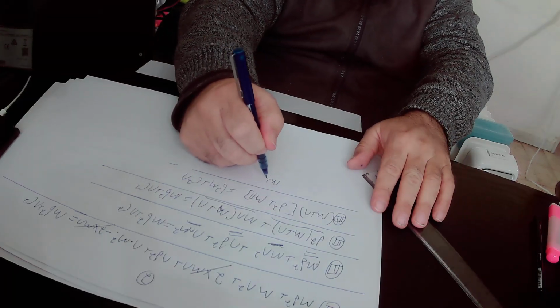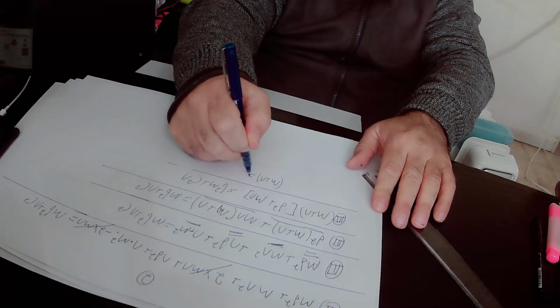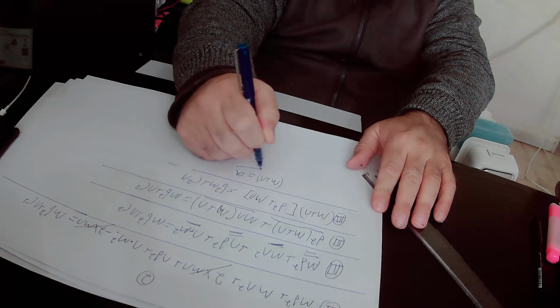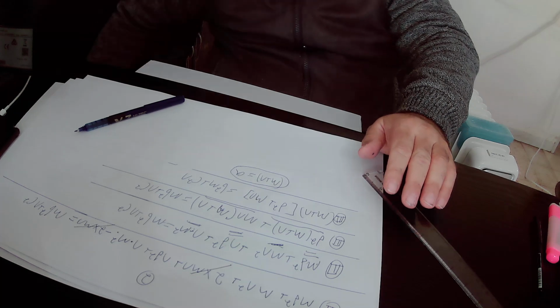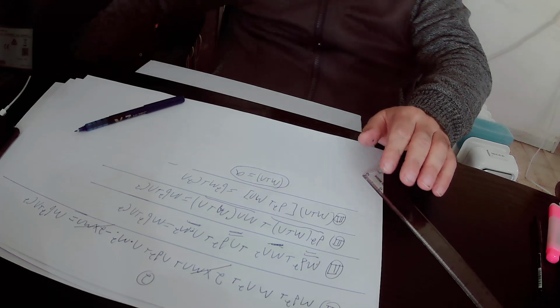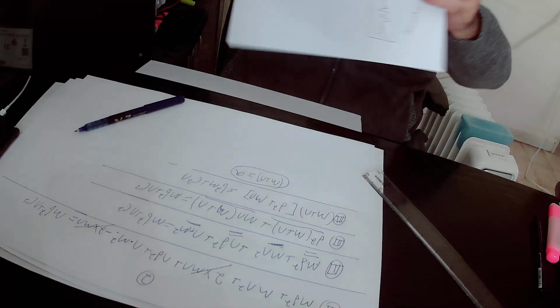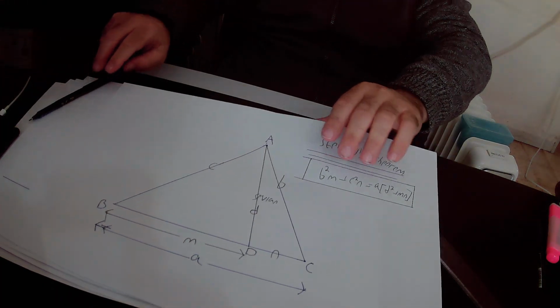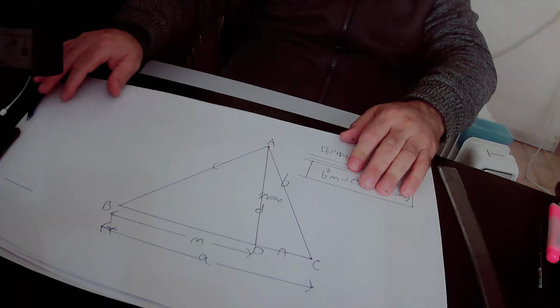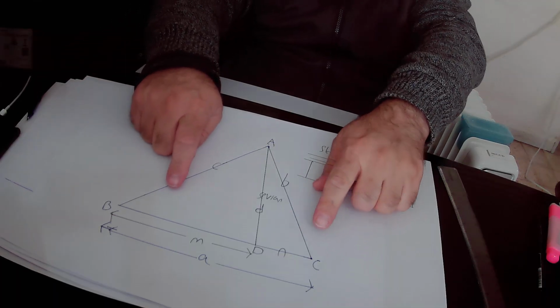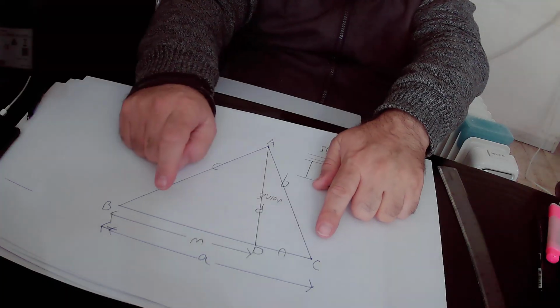m plus n equals to a. It's very easy to see it in the drawing. The length of side BC of triangle ABC is a units from one side.